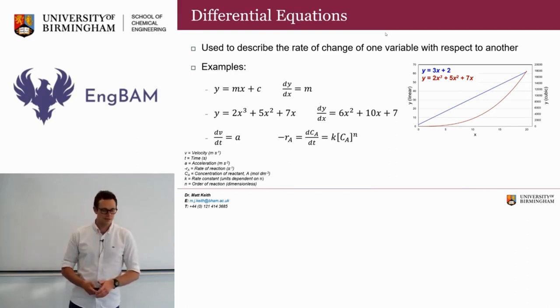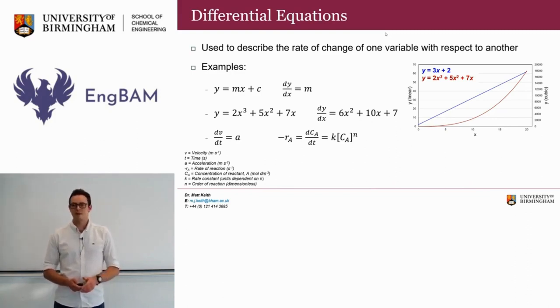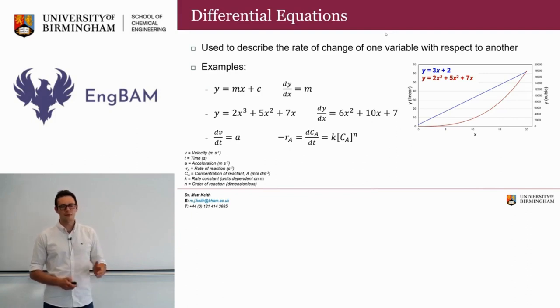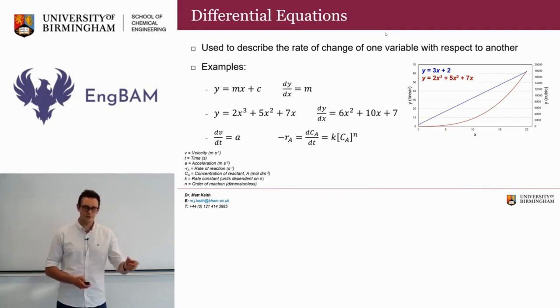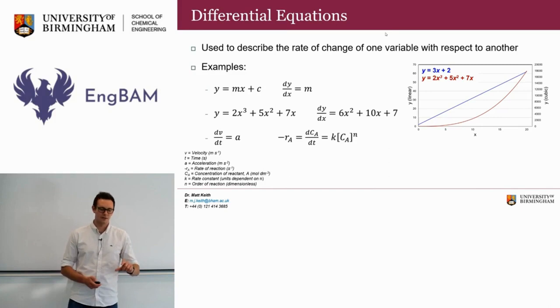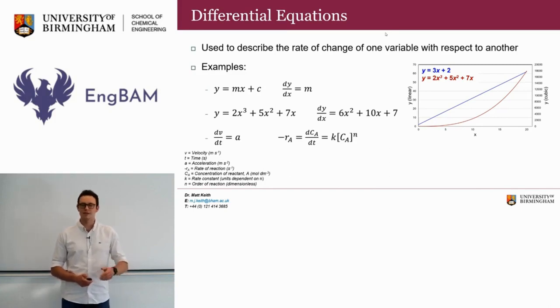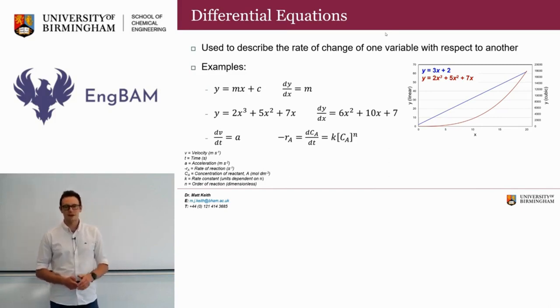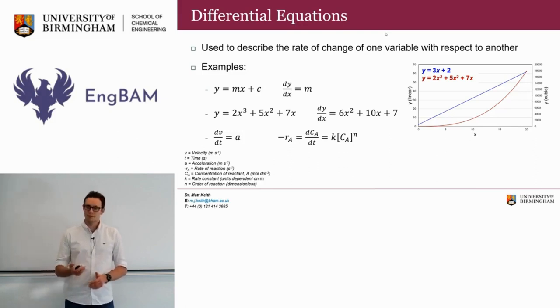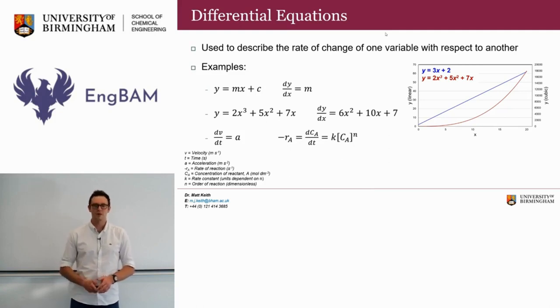If we look at chemical kinetics, we have our rate of reaction, Ra, is equal to our difference in concentration divided by difference in time, or dCA by dt. And that can be expressed as equal to our constant of proportionality, K, times the concentration of our reactant, raised to the power of n.